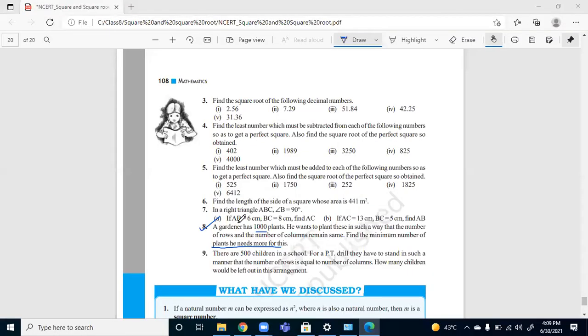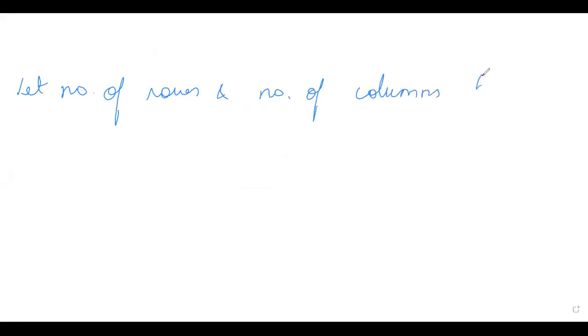We can use long division method for question number 8. So 1000 plants are there. So let me do it. Let number of rows and number of columns be x.